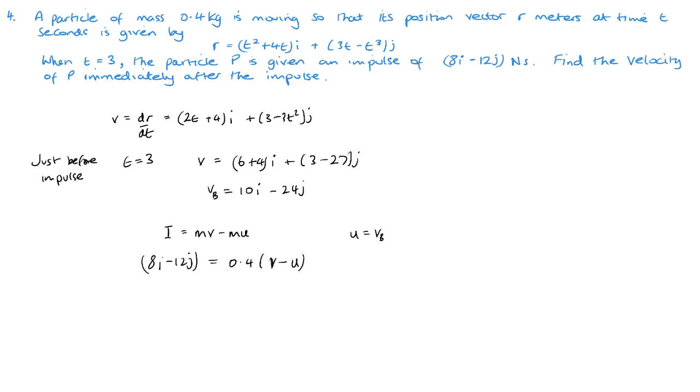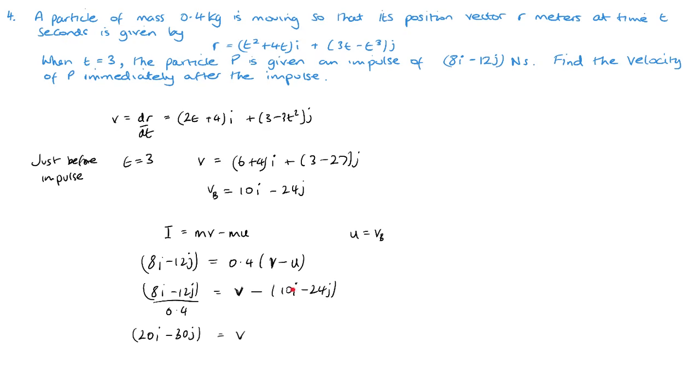Okay, so let's divide by 0.4, so 8i minus 12j divided by 0.4 equals the velocity I'm trying to find minus 10i minus 24j. Now I want to do 8 divided by 0.4, so that gives me 20i minus 12 divided by 0.4, so minus 30j equals v.